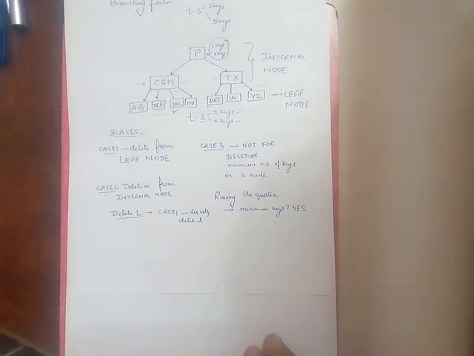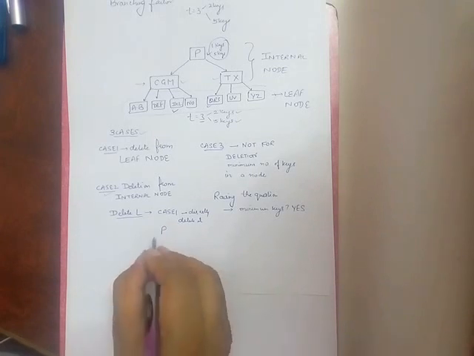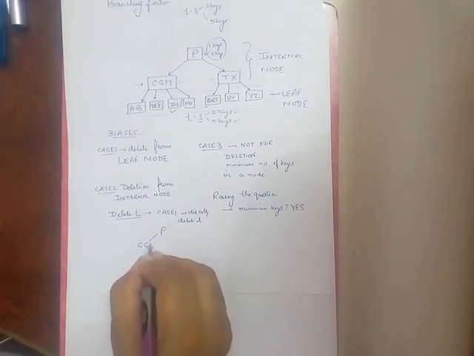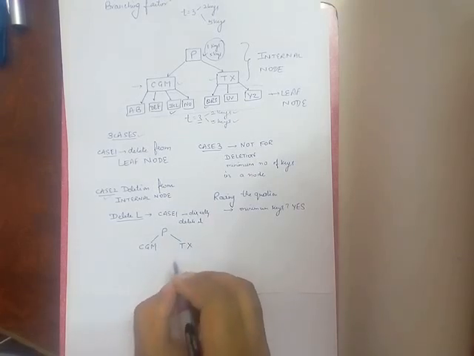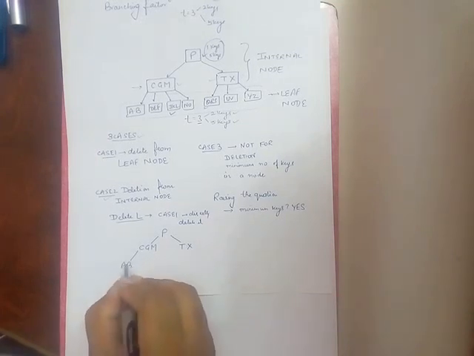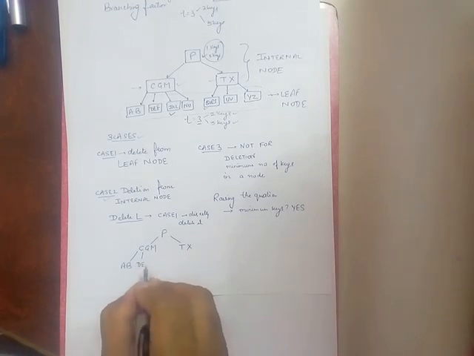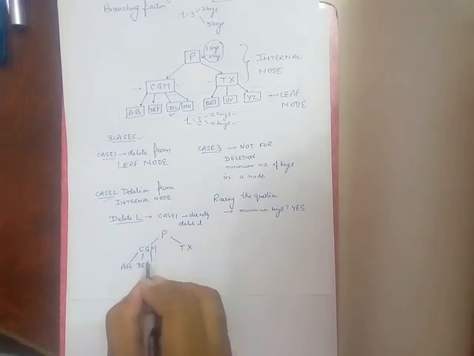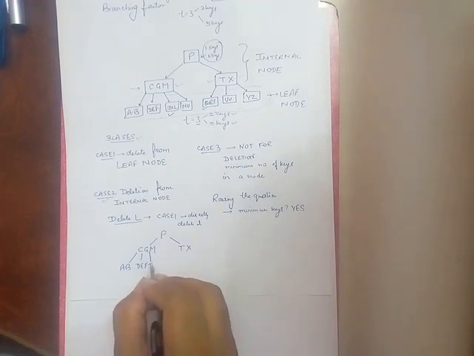And the figure which will be available will be like this: the root will have P, its left child will have C, G, M, its right child will have T and X. C's left child will be AB, then C's right child will be D, E, F, and the right child of G or the left child of M. We have deleted L here, hence the node has JK.